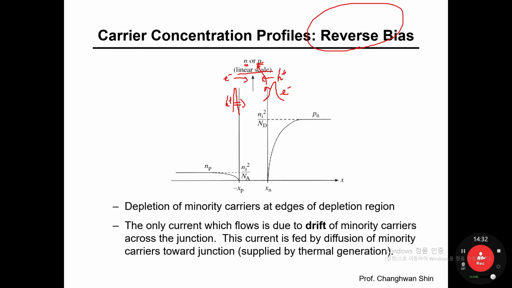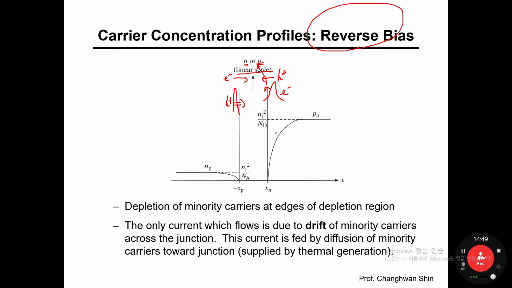That is the physical origin of how current can be formed under reverse bias, but a very small, negligibly small amount of current can be formed across the PN diode under reverse bias.